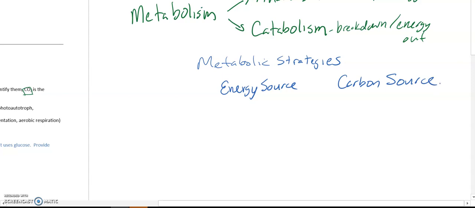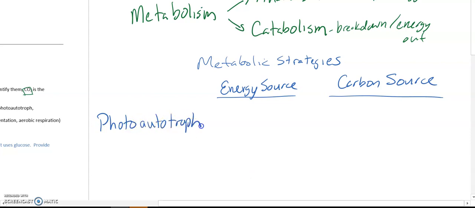So when we look at those 2 things, there's basically 2 parts to the metabolic strategy work. All right. So first one I'll ask, what would your typical plant be? Your common autotroph was brought up. What would we actually call that? Anybody remember? I'm going to call that a photoautotroph.